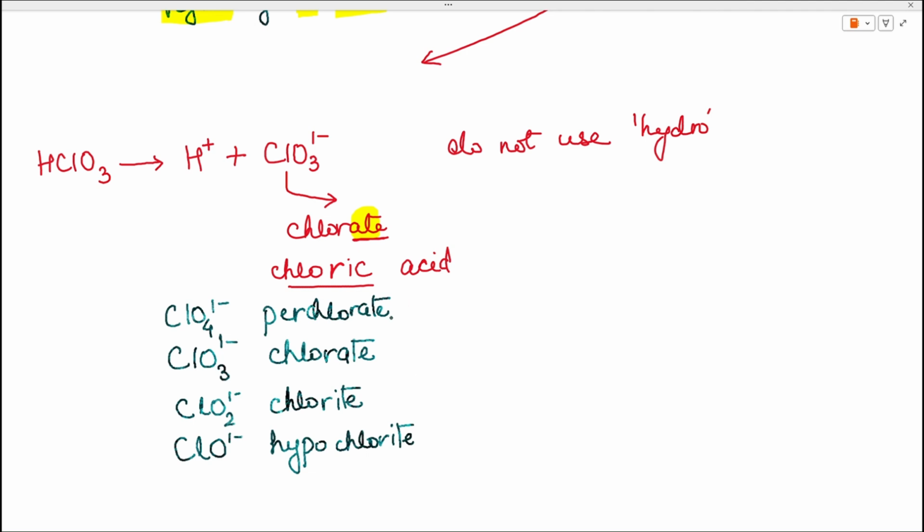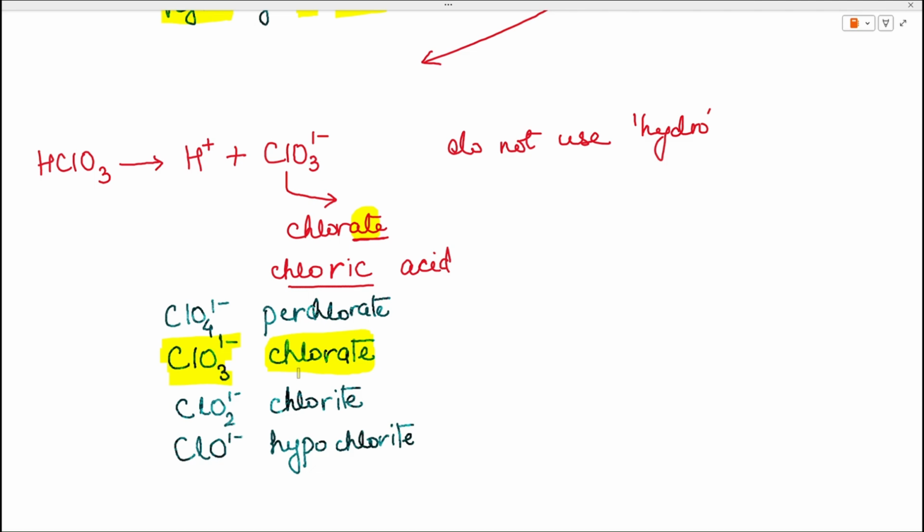So what we just need to know is the formula for chlorate. And once we know the formula for chlorate, we can derive the formula for the chlorite, the hypochlorite, and the perchlorate. So you don't need to learn all of them.